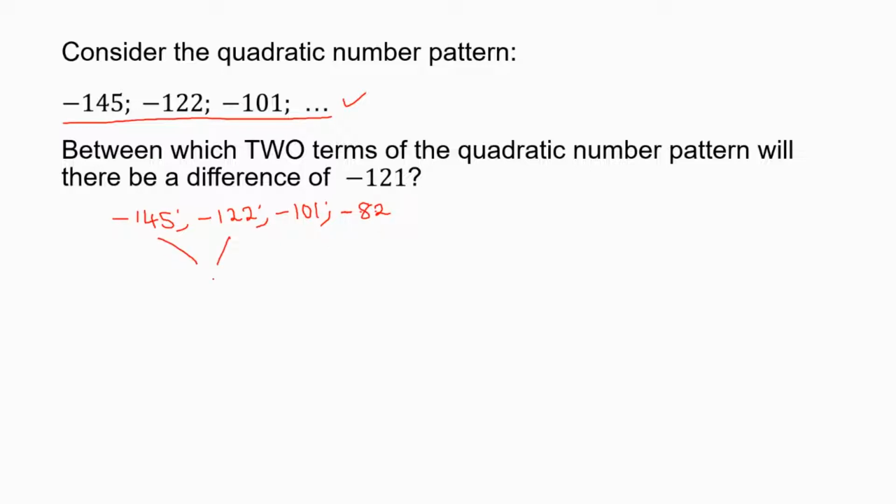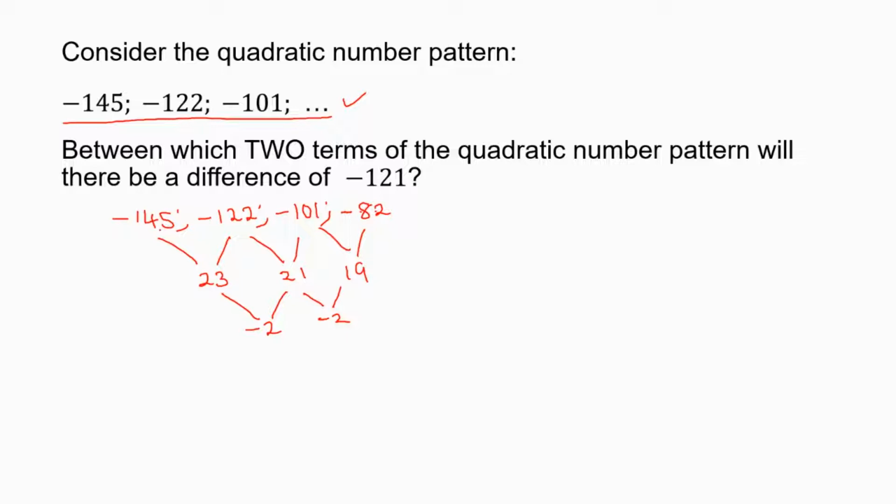And then the first difference is 23, 21, 19. It goes on like that. And then the second difference is constant, negative 2 there. So we're saying, between which two terms of the quadratic number pattern will there be a difference of negative 121? See that?